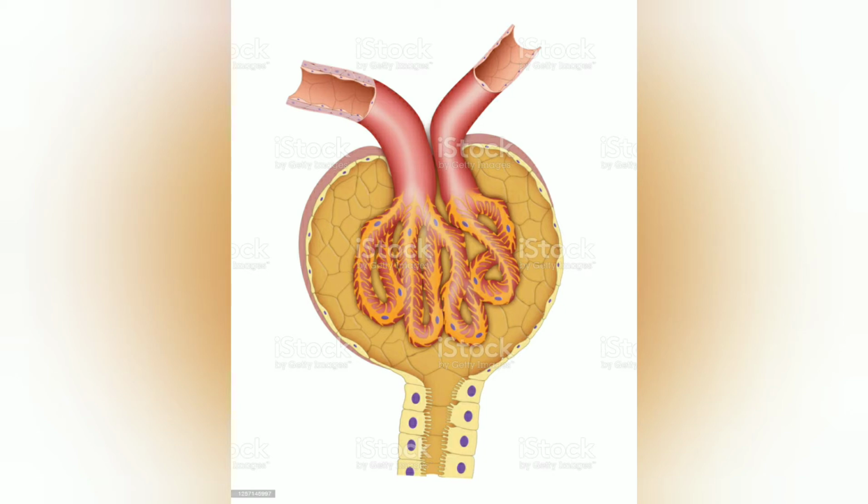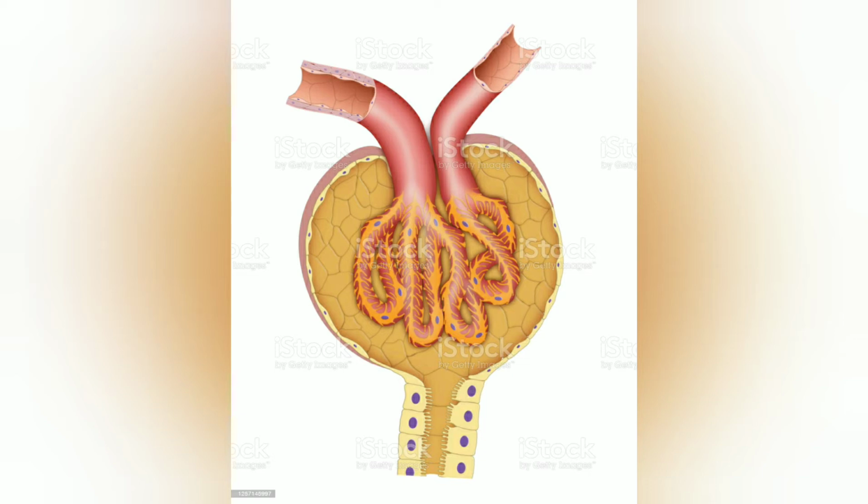Now in PCT, we have already seen that columnar cells are present which contain microvilli. These microvilli increase the area of absorption. So because of this, the process of reabsorption becomes very effective.